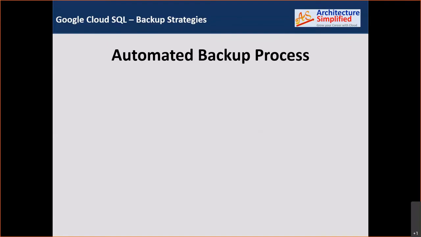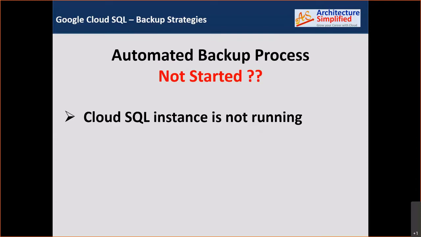Automated backups are taken every day, but there are some instances when the automated backup process will not start. Let's understand when will that happen. If your Cloud SQL instance is not running and you have configured your automated backup to create the backup at that point of time, it will not create because the instance itself is not running.